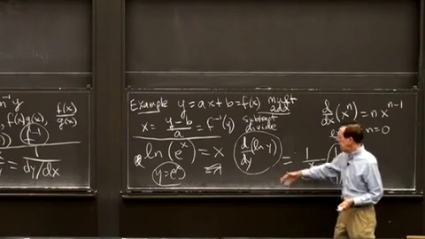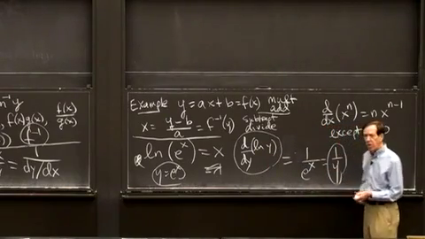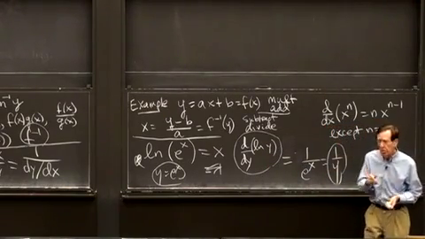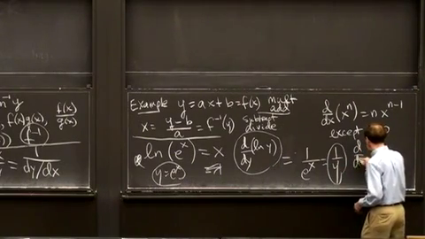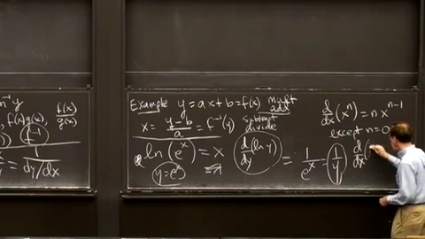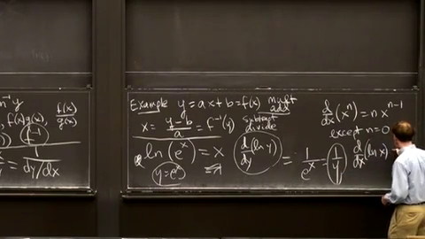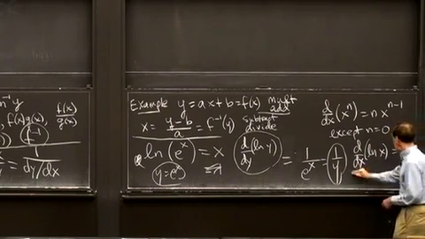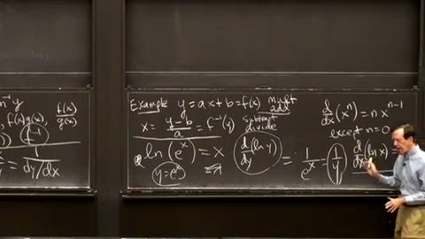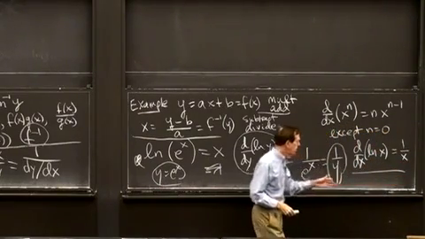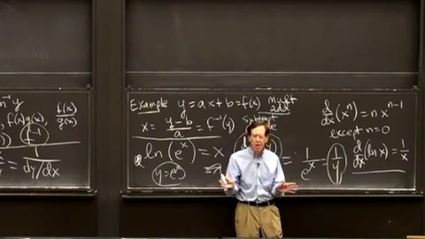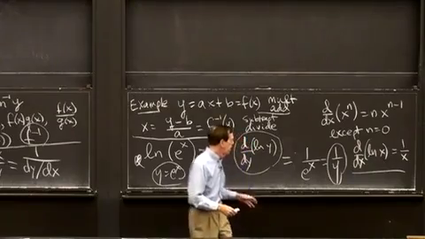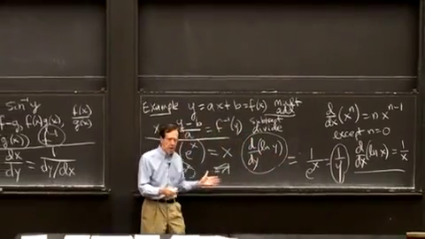You can write d log z dz equals 1 over z if you want to. You can write, as you might like to, d by dx of log x is 1 over x.